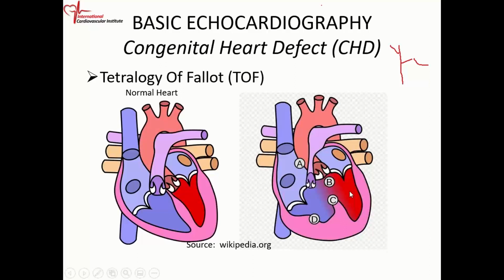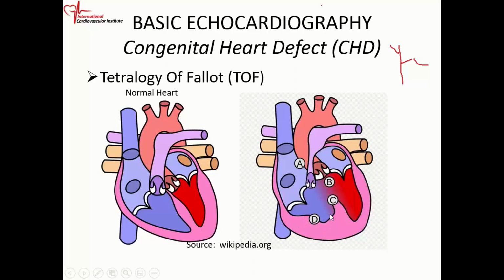When you have tetralogy of Fallot, in the right ventricular flow tract, there's stenosis right here. And again, you can have varying degrees of stenosis, and this is going to determine whether you intervene, yes or no. The degree of the right ventricular flow tract stenosis. And because you have stenosis right here, the right ventricular hypertrophy, you can see, thickens compared to the normal.